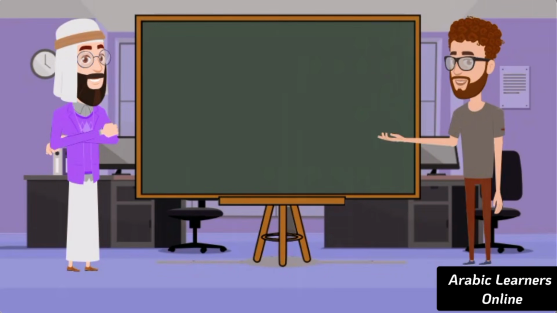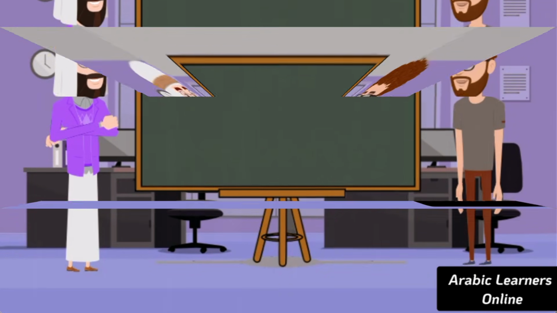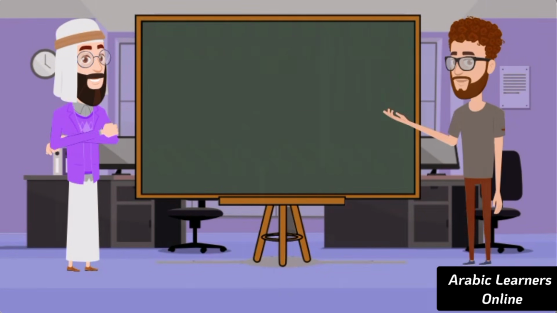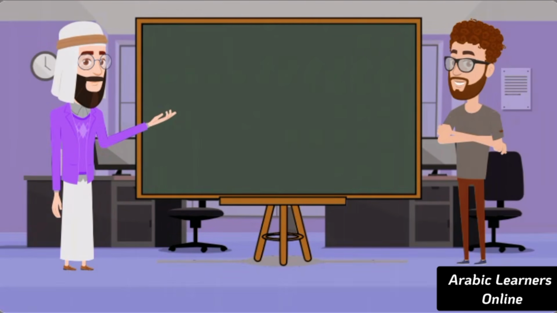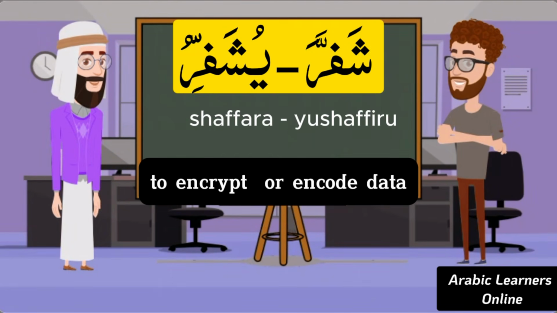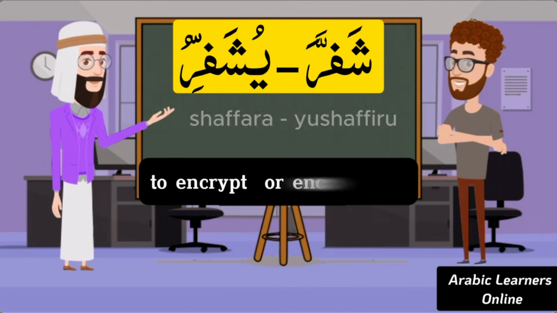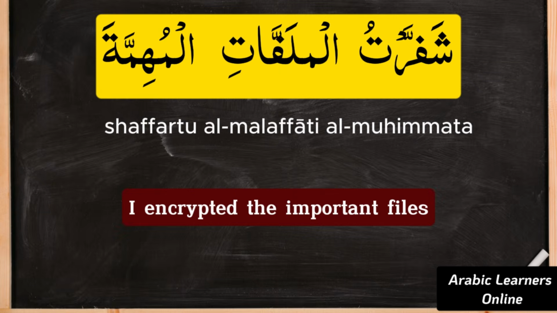Perfect. Now for security. How do I say, I encrypted the important files? For encryption, we use شفر, يشفر, which means to encrypt or encode data. Your sentence: شفرت الملفات المهمة.